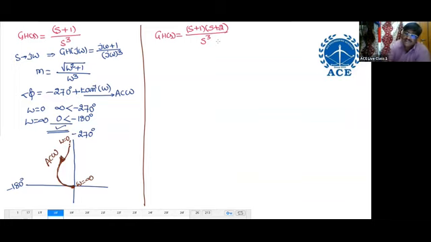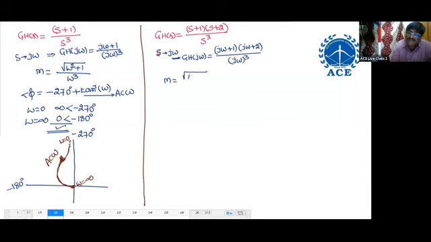So S replaced by j omega. GH of j omega equals j omega plus 1, j omega plus 2 divided by j omega whole cube.